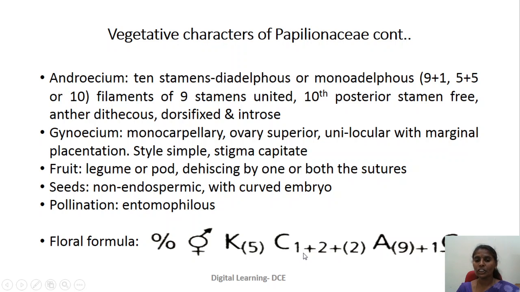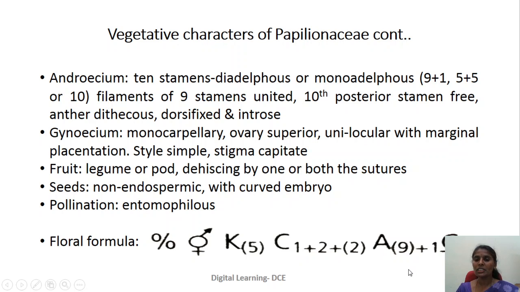Since they are arranged in the form of descending imbricate aestivation, out of 5 petals, 1 is the standard petal, the next 2 are called wing petals, and another 2 petals are united to form a keel petal. So the floral formula for the corolla includes 1 plus 2 plus 2. Then capital A indicates the androecium, the male part.